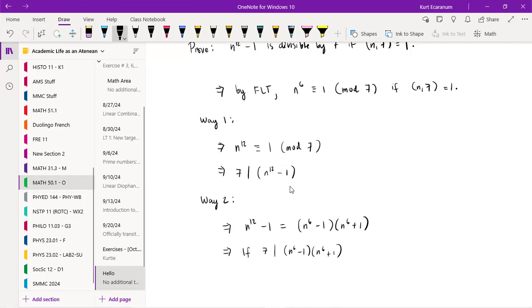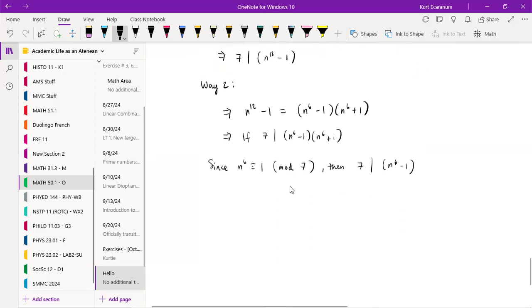And yun yung pinapaalala sa atin ng Fermat's Little Theorem na since we know that n to the 6 is congruent to 1 mod 7, then 7 divides n to the 6 minus 1.